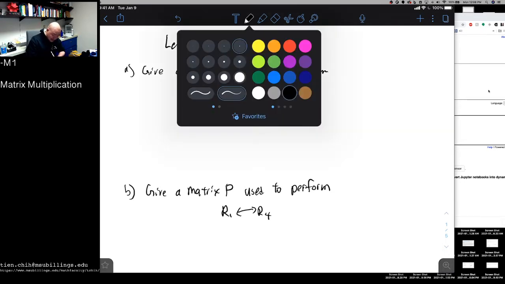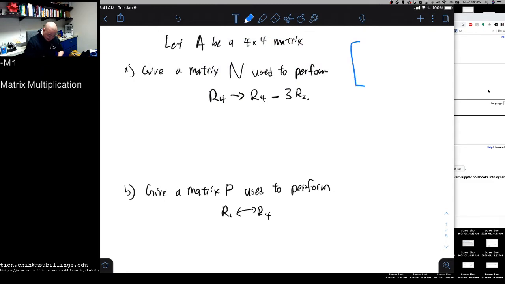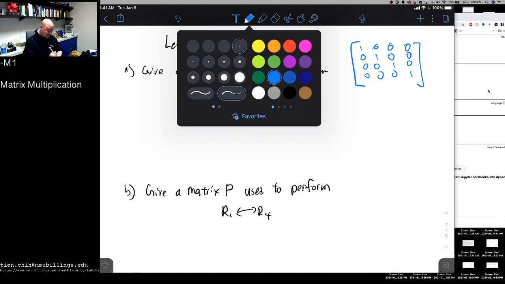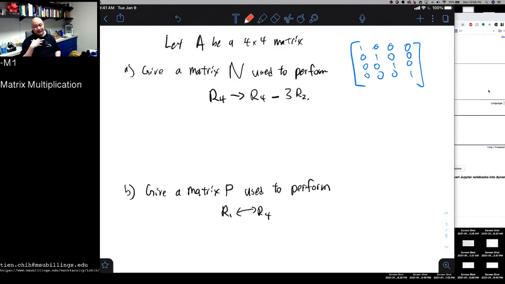So one thing I want us to always keep in the back of our mind is the identity matrix, right? The identity matrix is the matrix that has no action on any products that we take its product with.